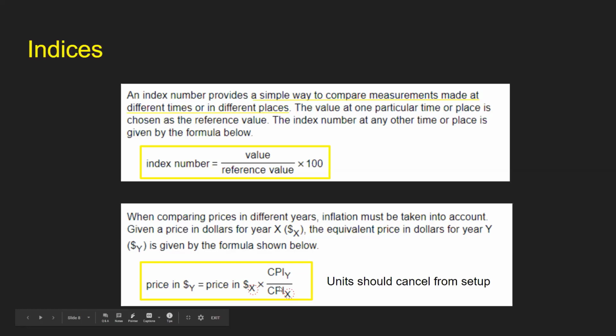The whole purpose of this index is to convert it to the price for Y year. So you need to make sure that you have the price for X divided by the CPI for X. So make sure that this is essentially canceling itself out. We talked about units before, so that's why you always need the CPI for X in the denominator, and that will convert it to the dollars for Y.